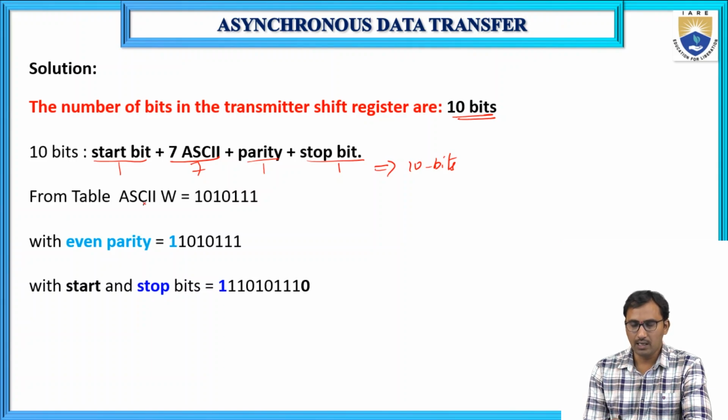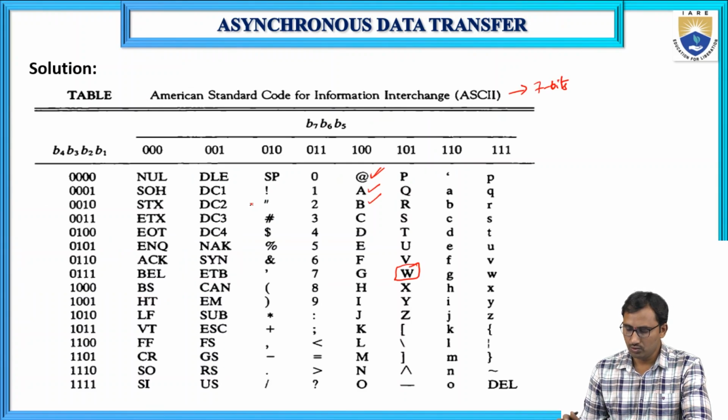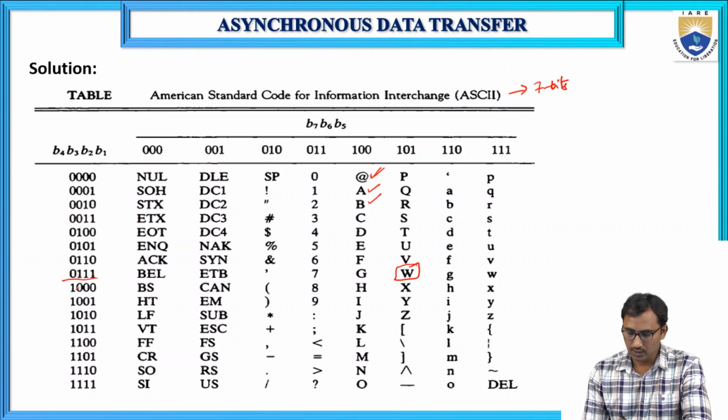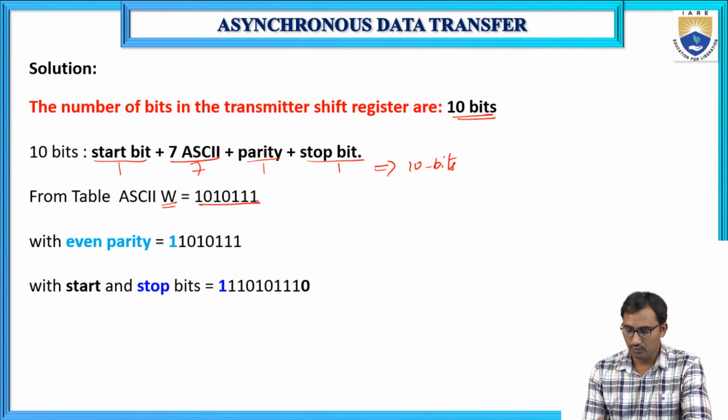From the table, the ASCII equivalent of W is 1010111. So here we have written B7, B6, B5, B4, B3, B2, B1.